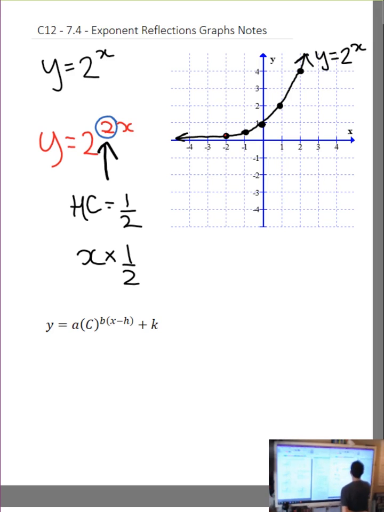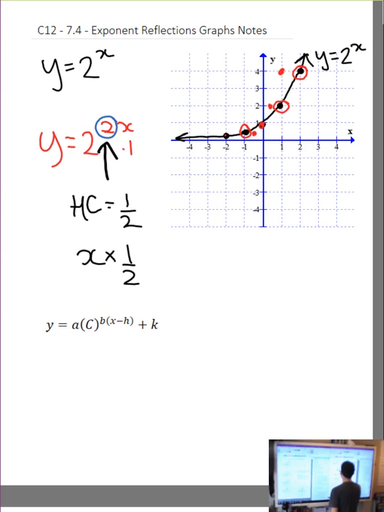So if I have an x value of 2, that means if I divide that by 2 or multiply it by 1/2, I get 1. If I have an x value of 1, I'm going to half that value to be 1/2. My y-intercept does not change. This point is here.